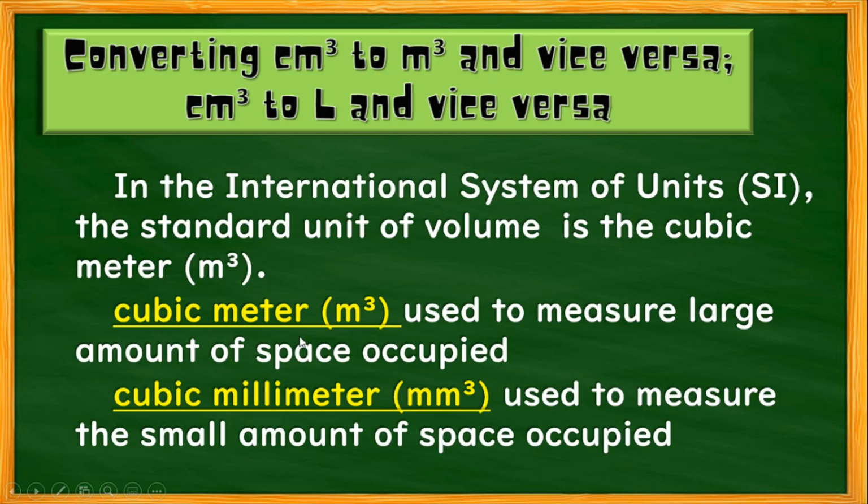The cubic meter is used in measuring a large amount of space occupied, but the other way around, the cubic millimeter is used to measure a small amount of space occupied.